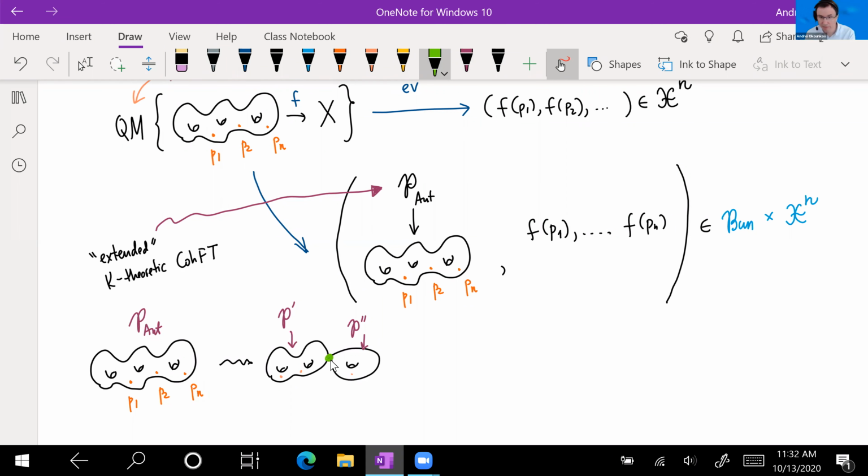One thing one sees very clearly is that I want some kind of gluing formula.